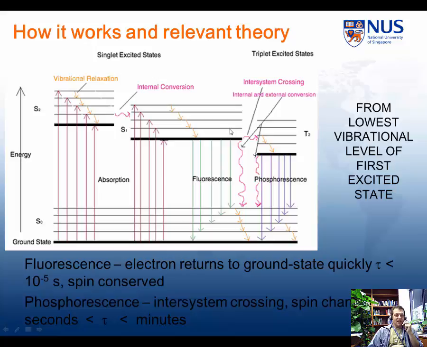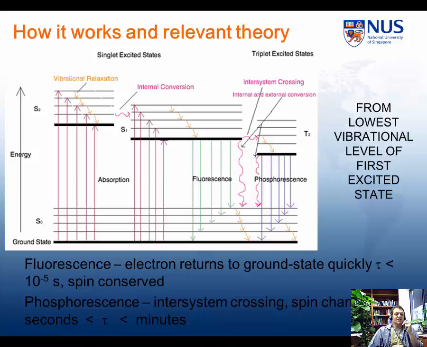However, what can happen, particularly under certain conditions, is what's called an intersystem crossing, where the energy states between S1 and T2 actually overlap and are very similar.